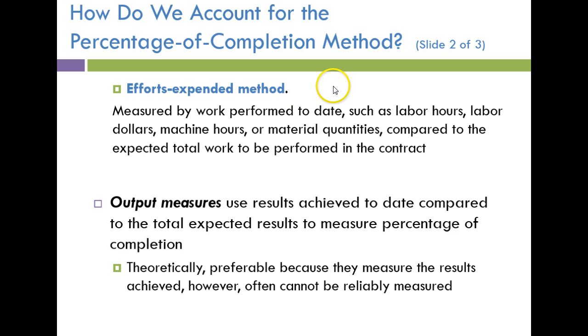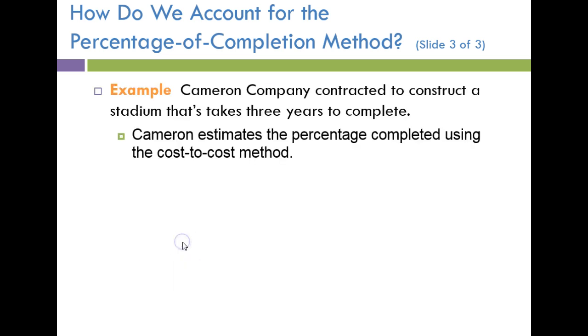So efforts expended is based on work performed, labor hours, dollars, machine hours, machine quantity, material quantities. Output measures use results achieved to date compared to the total expected results to measure this percentage of completion.